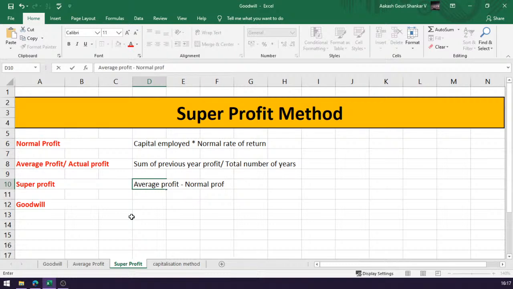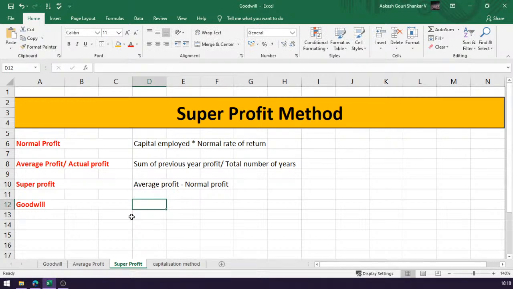If this business is being done in a normal scenario, what will be the anticipated profit? In general, what will be the return? But the return I'm earning might be lesser than that or more than that or even the normal profit itself. So the formula for the super profit is average profit minus normal profit.